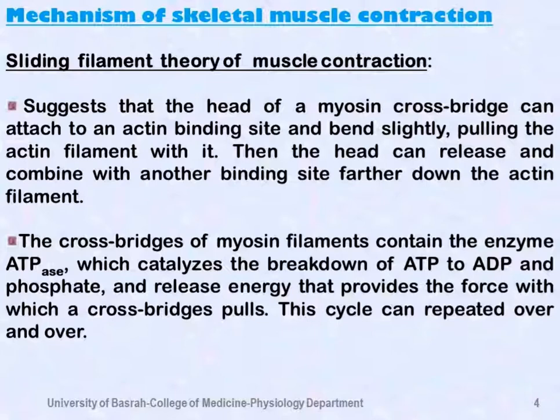Cross bridges of myofilaments contain the enzyme adenosine triphosphatase, which catalyzes the breakdown of adenosine triphosphate to adenosine diphosphate, phosphate, and energy that provides the force with which the cross bridges pull, and the cycle can repeat over and over.